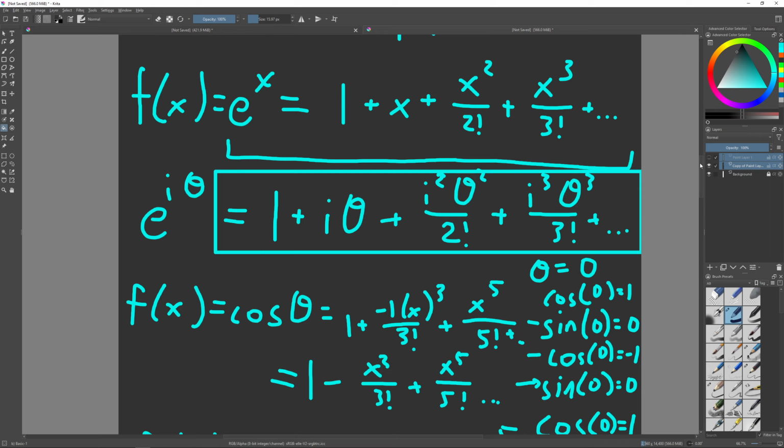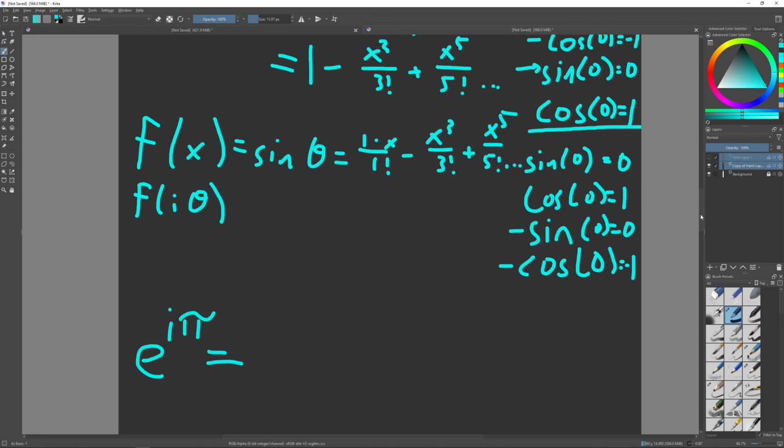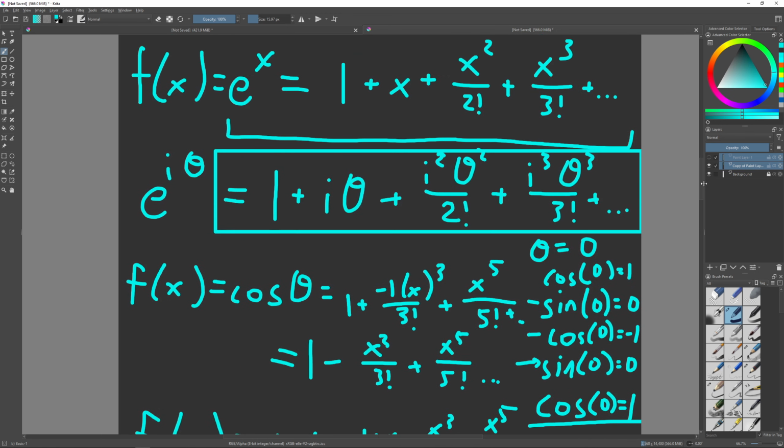Okay, let's go down here. E to the I pi. Maybe we didn't need to bother with sine and cosine. Maybe that was extra work.